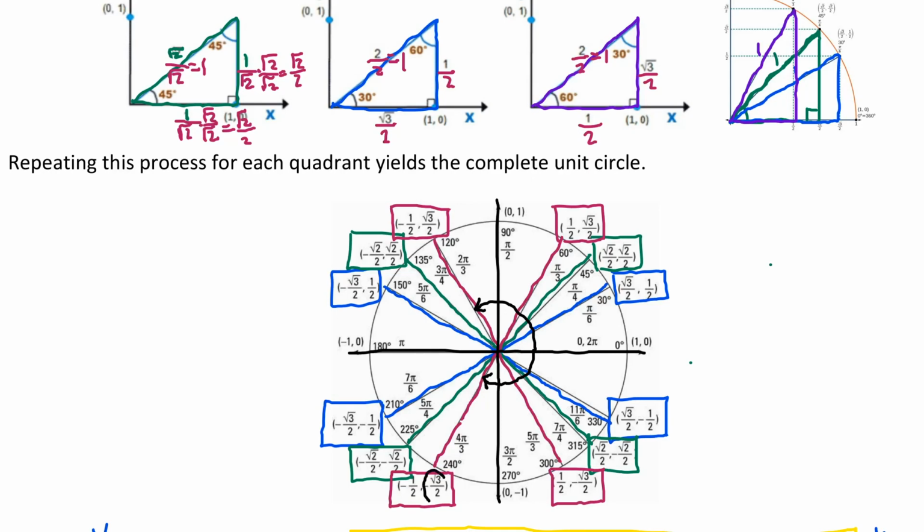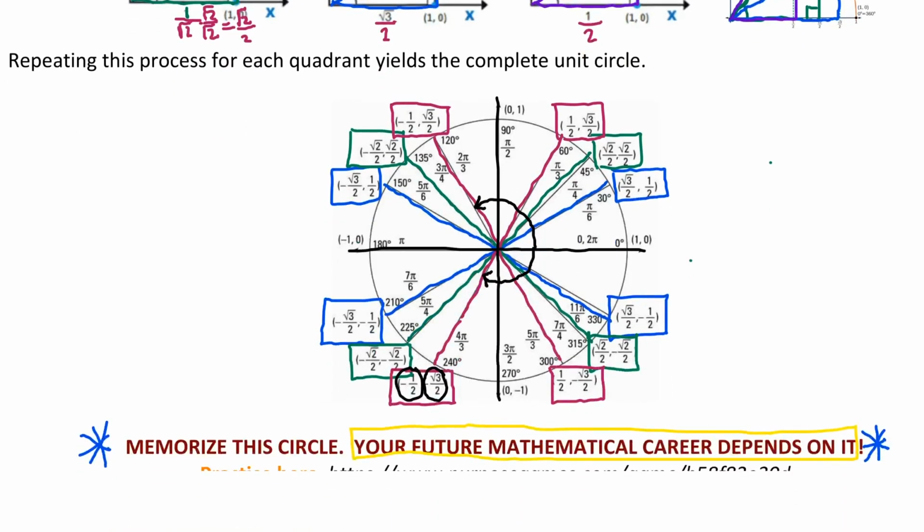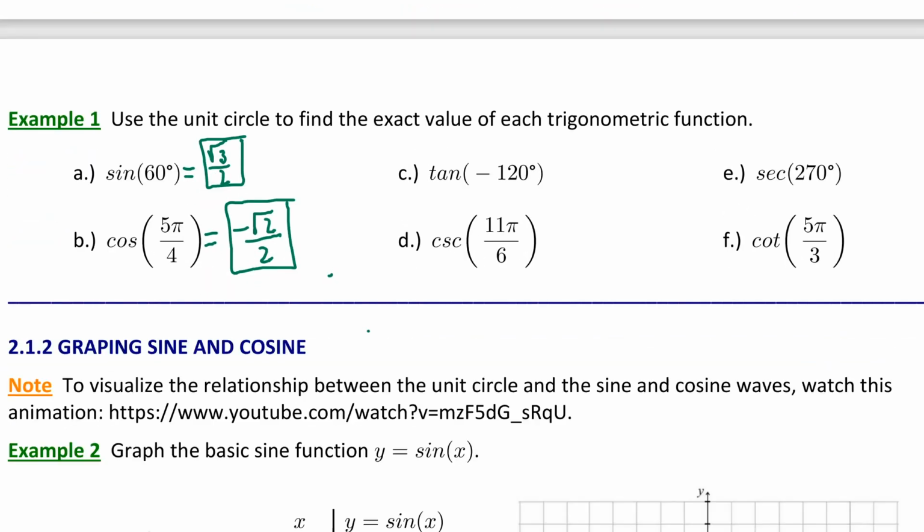Tangent is the y-coordinate divided by the x-coordinate. So we're going to evaluate the y-coordinate negative square root of 3 over 2 divided by x-coordinate 1/2. When we cure this complex fraction by multiplying the top and the bottom by the denominator, we end up with a value of negative square root of 3.